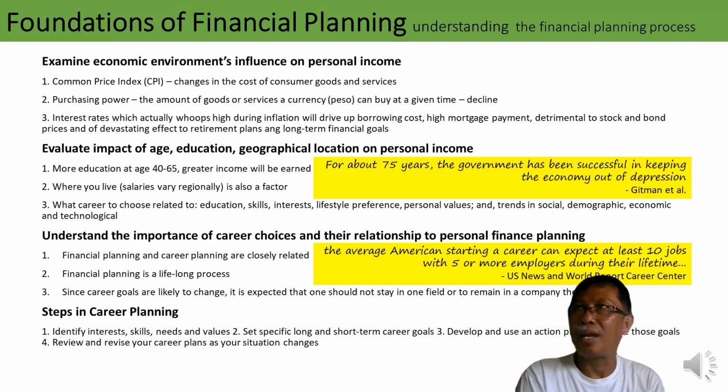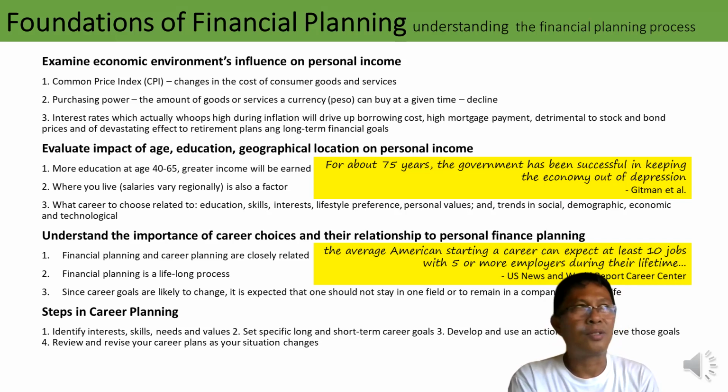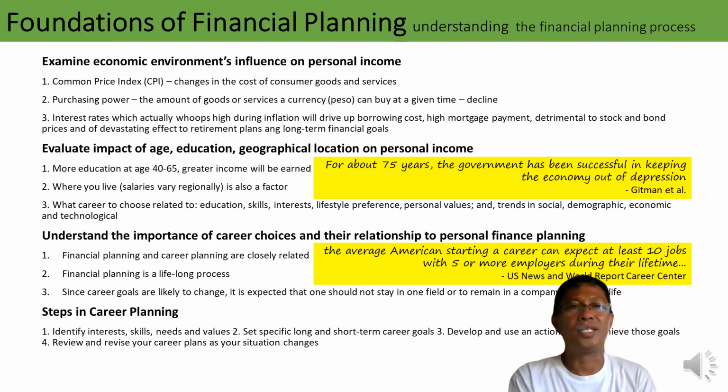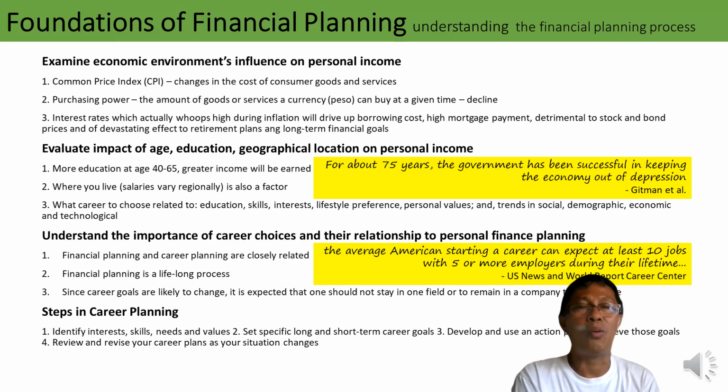Hindi pa kasama yan ha, yung mga graft and corruption allegedly sa ating mga government offices. No? PhilHealth ngayon, di ba may issue? Hindi yon result ng economic activities natin, yung economic cycle, pero gawa yun personal ng tao.